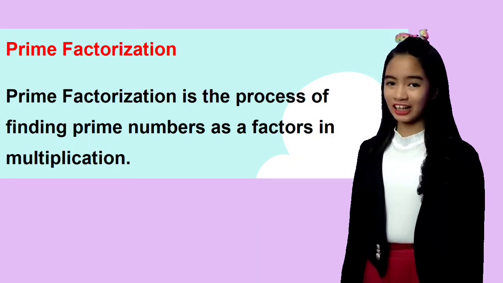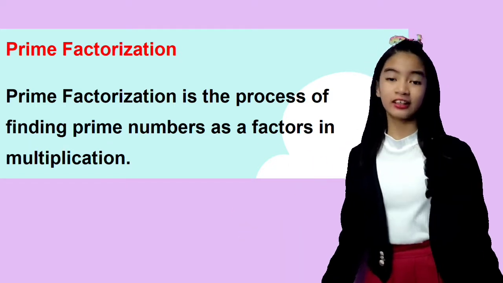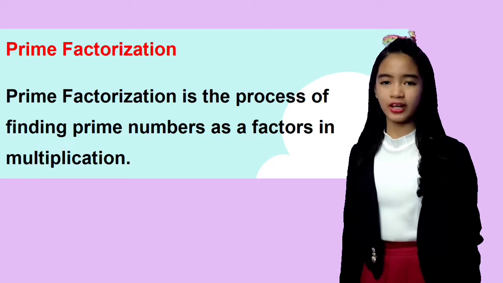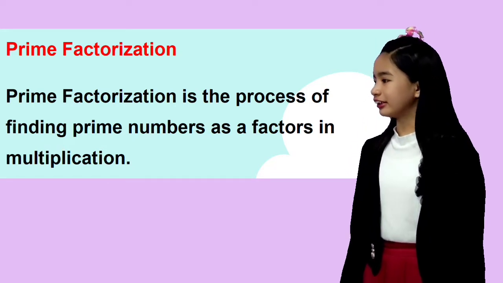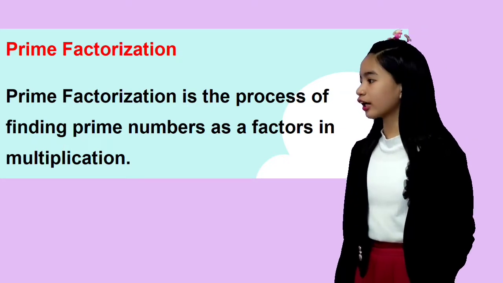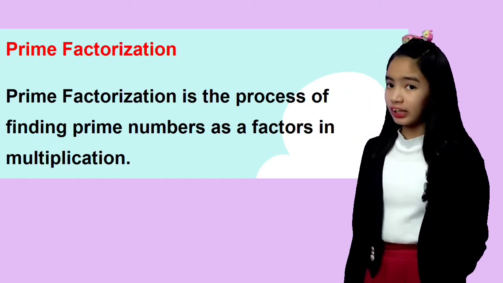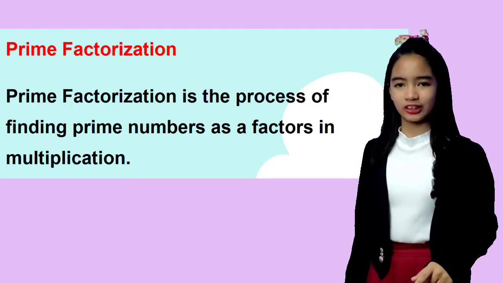Okay, let's start! First, what is prime factorization? Prime factorization is a way or process of finding the prime factors of a number. It is similar to factoring a number, but it considers only prime numbers as its factors.